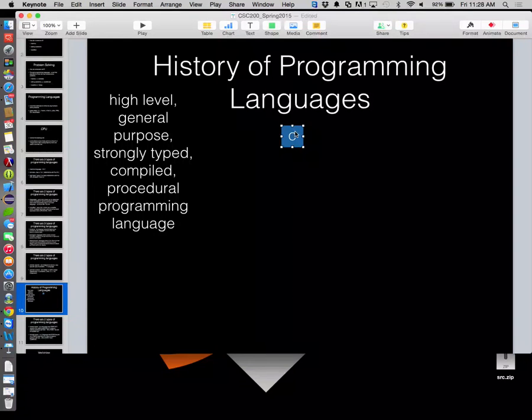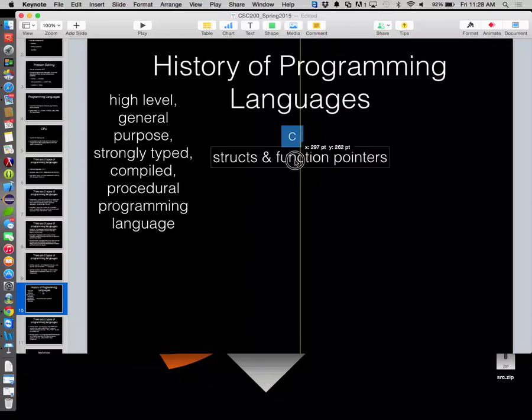Well, through C, programmers started trying to manipulate C into allowing us to solve problems in a more object-oriented way. But this is before we had this term, object-oriented, or OOP, object-oriented programming. So in the middle here, C programmers started using things called structs and function pointers to emulate the way object-oriented languages work.